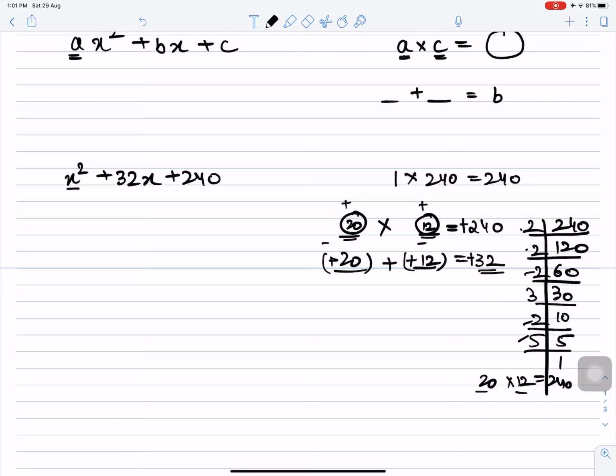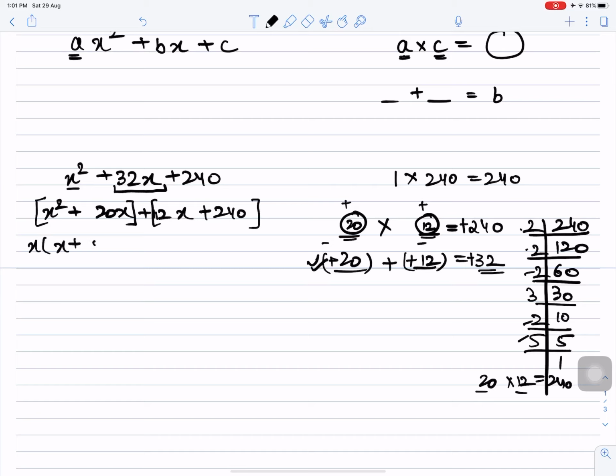Now the main point comes. What we have to do, we have to convert this 32x in this form. So what we will do, x square plus 20x plus 12x plus 240. Now you will take the first two terms in a bracket and the second two terms in a bracket. So I'll take x as common, plus here we will take 12 as common.